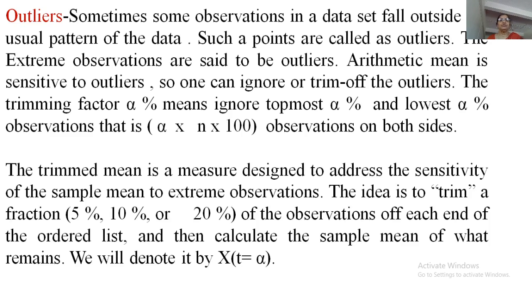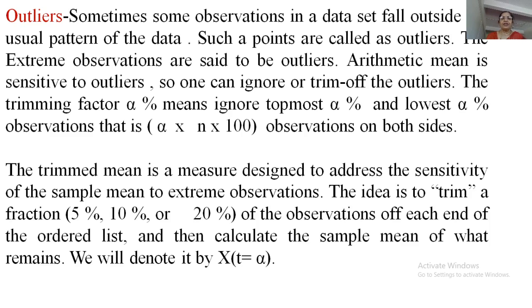Sometimes some observations in the data set fall outside the usual pattern of the data, and such points are called outliers. Since arithmetic mean is very sensitive to these outliers, one has to ignore these observations, and the procedure of ignoring them is called trimming of the outliers, or finding the trim mean.